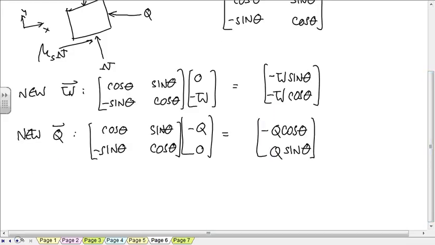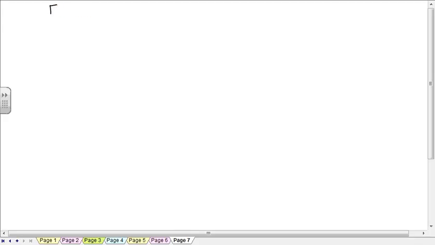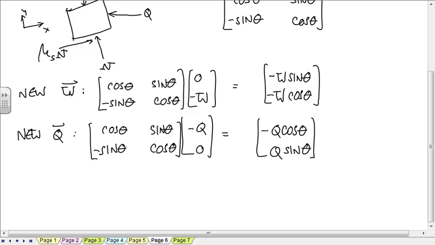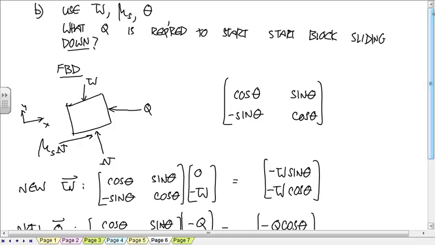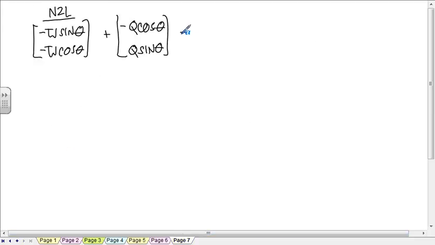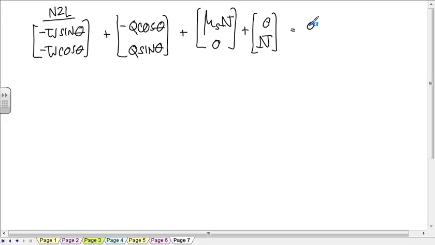And so, not the free body diagram, Newton's second law says negative W sine theta, negative W cosine theta, plus negative Q cosine theta, positive Q sine theta, and then we have positive mu s n, 0 plus 0 n, is equal to zeros.